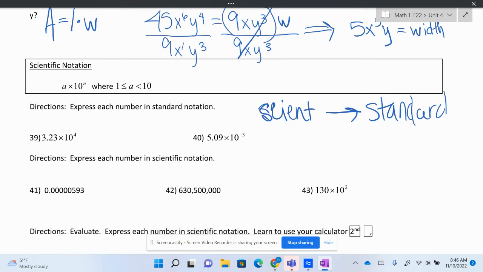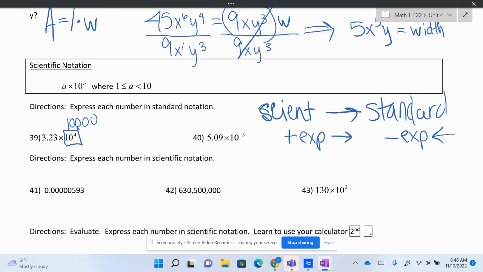So if you're going from scientific to standard, if you have a positive exponent, that means you move to the right. If you have a negative exponent, you move to the left. And that makes sense because 10 to the 4th power is 1, 2, 3, 4. It's 10,000. Saying take 3.23 times 10,000.